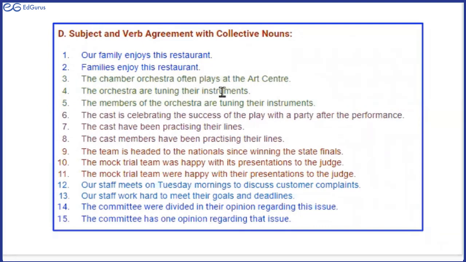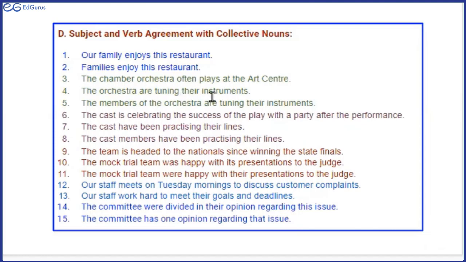There are two more examples. If you just look at them, you can easily make out the difference. The orchestra are tuning their instruments. Now you must be thinking, and you will definitely ask me, that when here it is "the orchestra plays," why here "orchestra are tuning"?